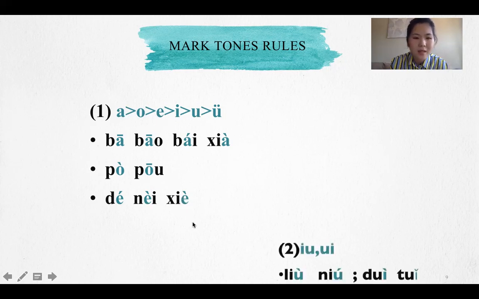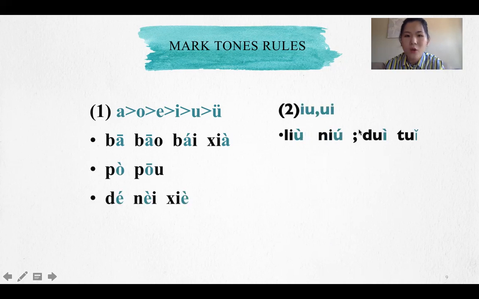And there is an exception for i and u together. It doesn't quite follow this rule. When you see i and u together, the tones are always marked on the last vowel. Whichever is last, you put the tone on it.